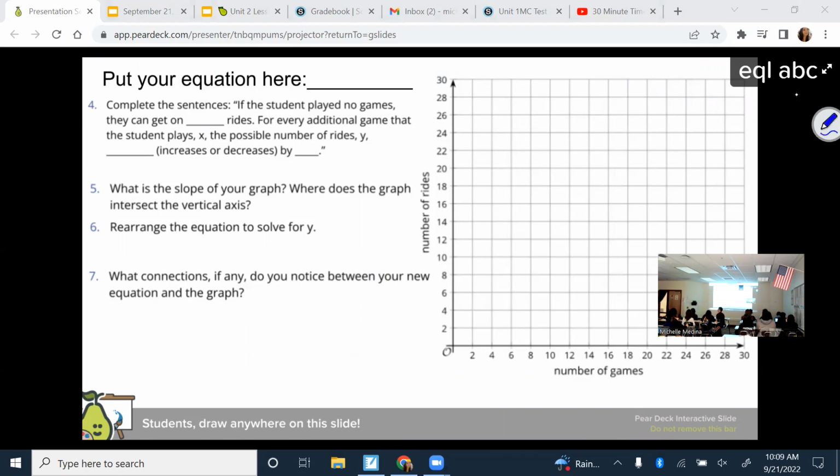Rise over run. Rise over run is how you identify the slope. So slope we label m, rise divided by run. You can count on your graph, do your best. And then if you do that, try rearranging to solve for y. I'll give you about 3 minutes, and then we'll move on to the third.